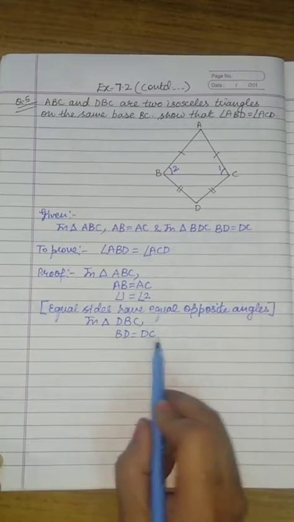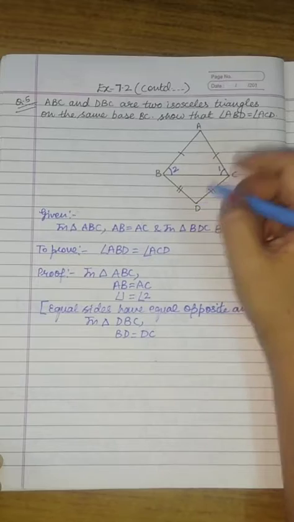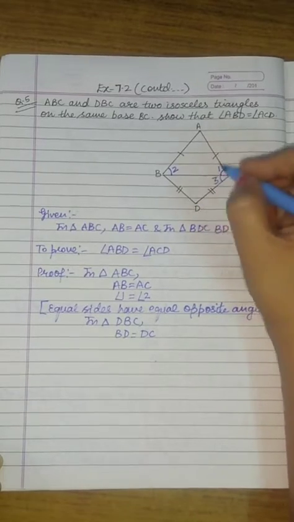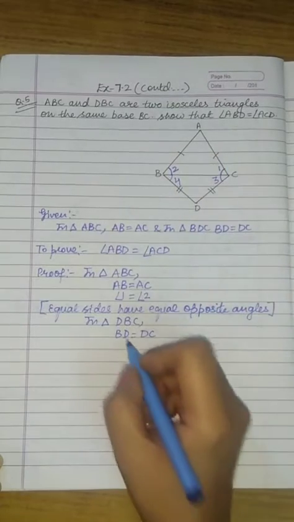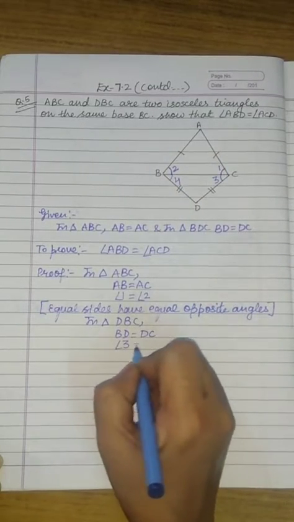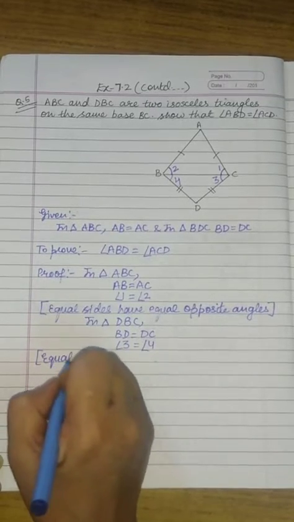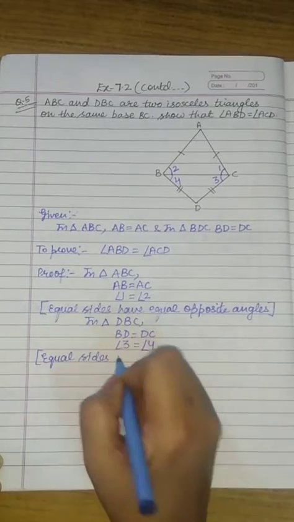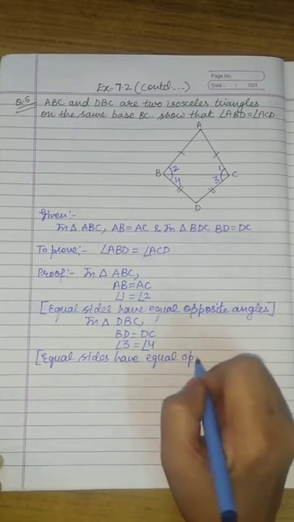Now let the angle opposite to BD be angle 3, and the angle opposite to side DC is angle 4. So therefore angle 3 is equal to angle 4 for the same reason that equal sides have equal opposite angles.